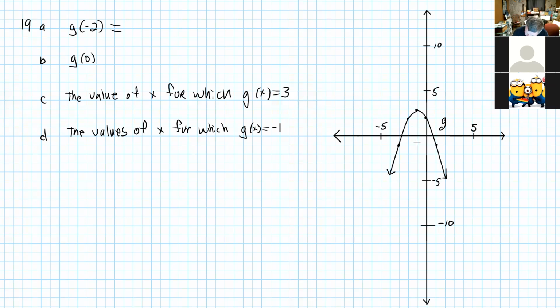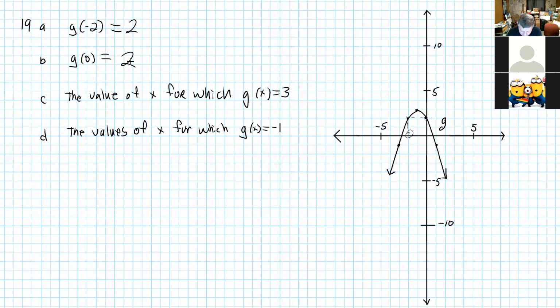So when X is -2, let's see, that's right here. What's the corresponding Y value? 2. Okay. When X is 0, what's the corresponding Y value? 2. Good. We got a train going by? Yes. All righty.